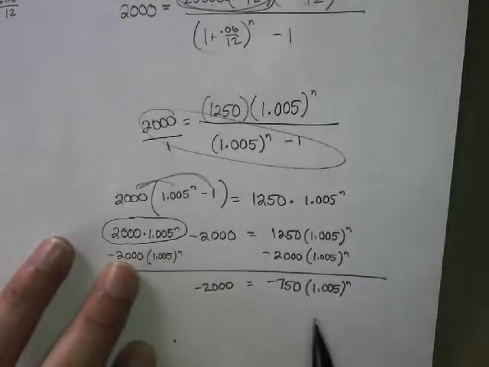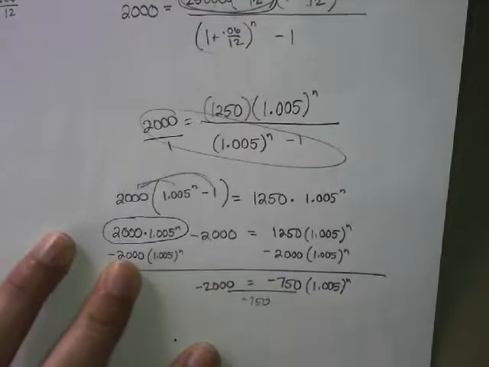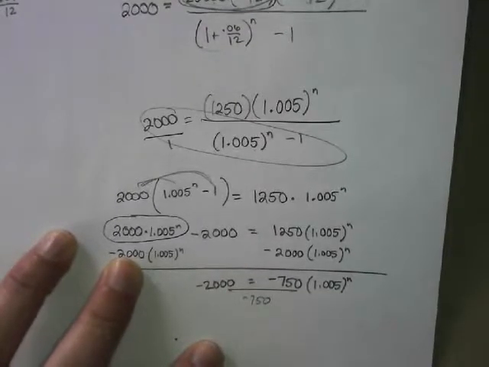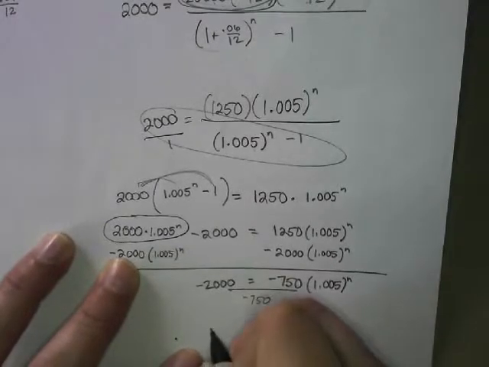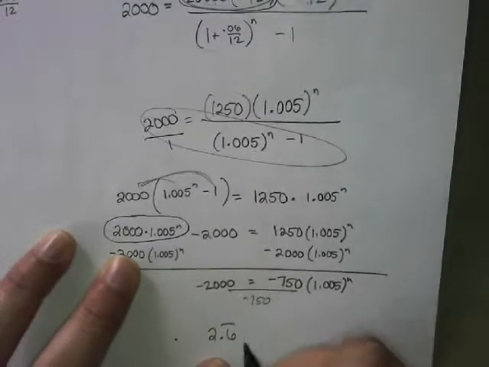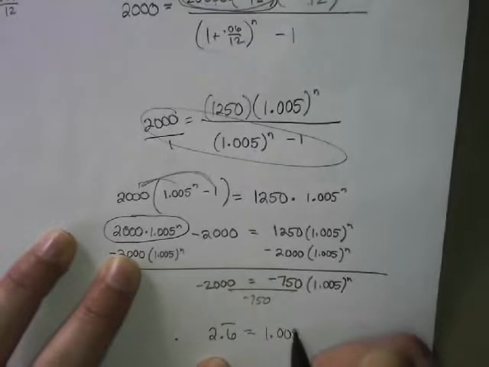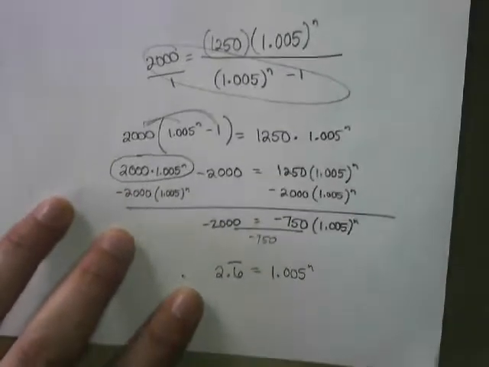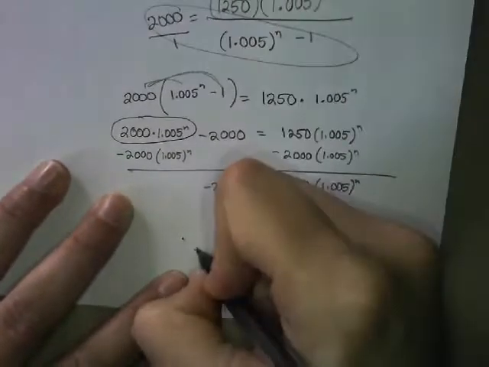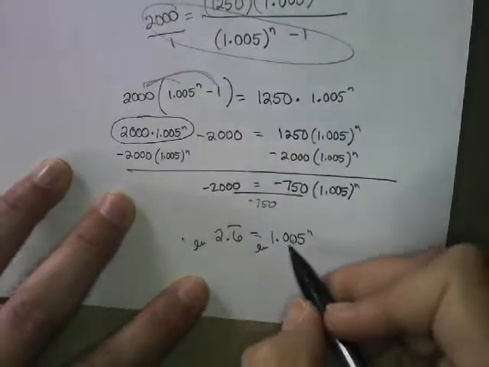Divide both sides by 750. 2,000 divided by 750 is 2 2/3. I'll just do 2.6 repeating. And then you guys natural log both sides, right? Yeah. ln, ln. And then that n comes out in front.